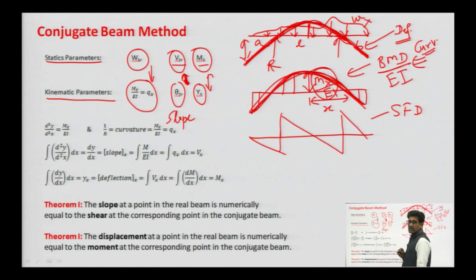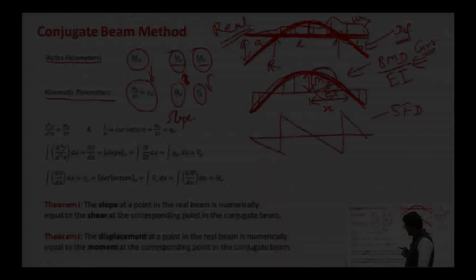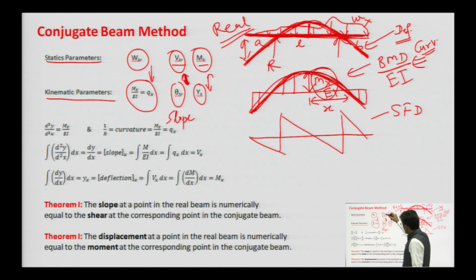This is the real beam, and that beam has to be replaced by a conjugate beam by changing the end conditions.